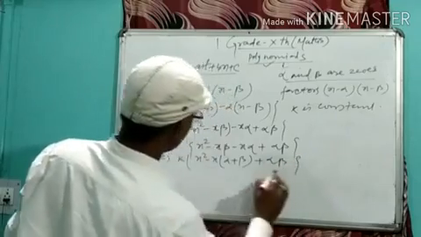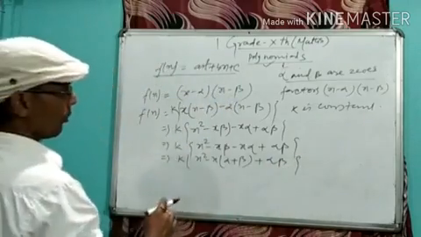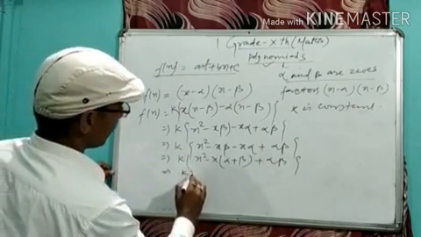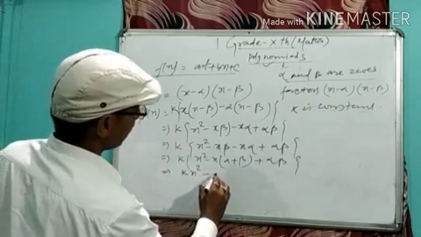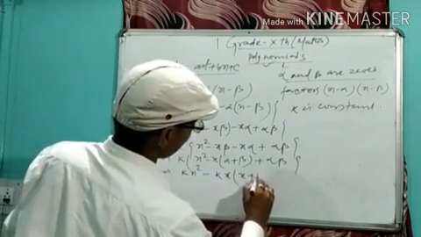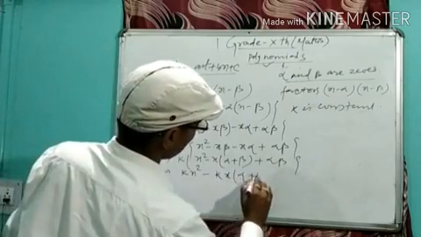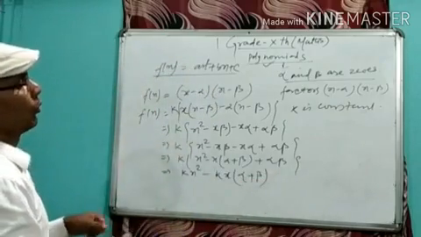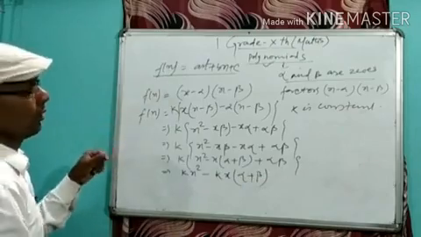What are you looking at? This is also okay. Suppose kx square minus k into alpha plus beta into x plus k alpha beta, where alpha and beta are the zeros of the quadratic polynomial.